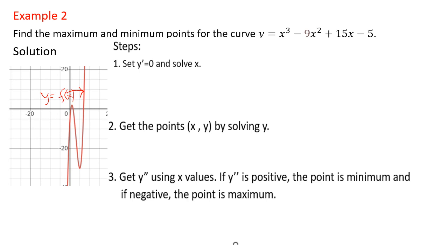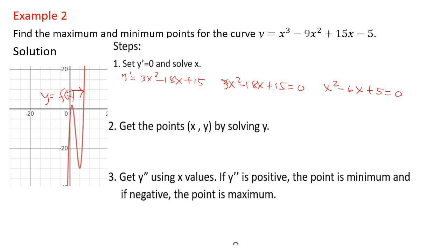So y prime equals 3x squared minus 18x plus 15. Then set that equal to 0: 3x squared minus 18x plus 15 equals 0, or simplified, x squared minus 6x plus 5 equals 0.